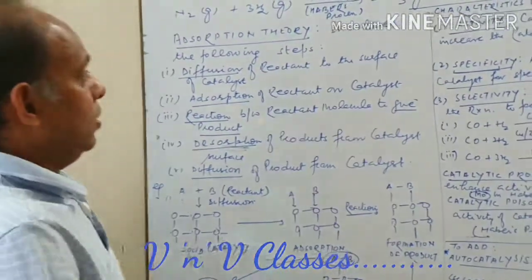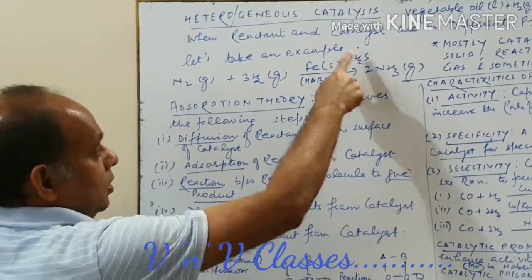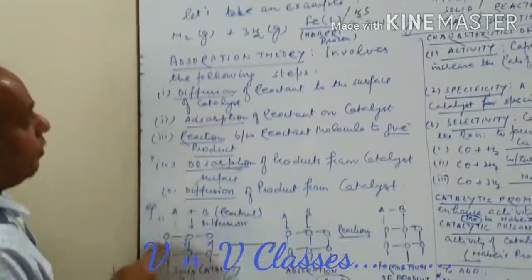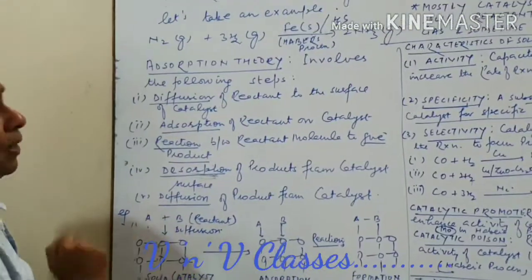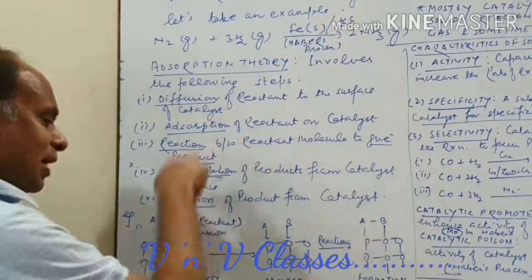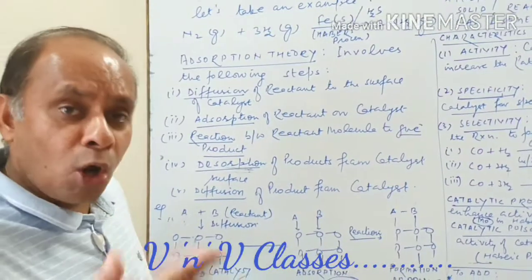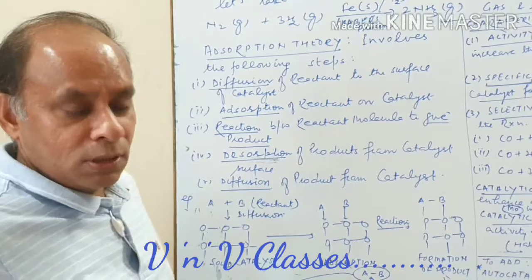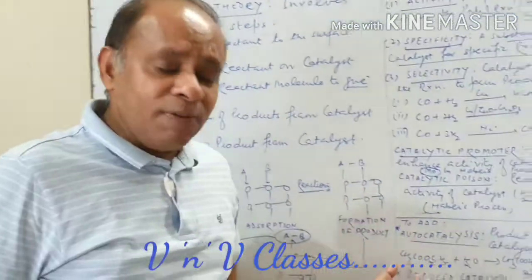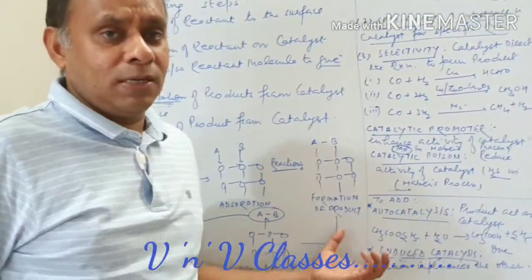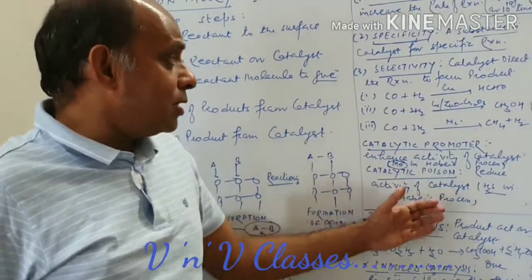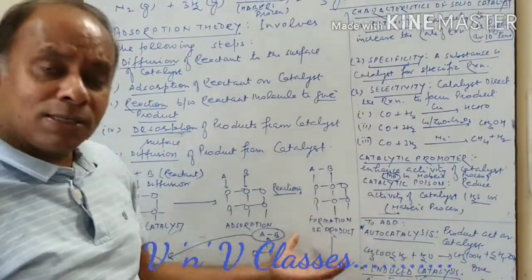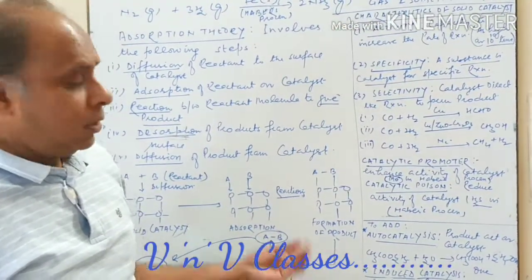My dear, on the iron surface, the reactants are to be adsorbed, but this H2S adsorbs itself, blocking the sites where the reactants are to be adsorbed. So automatically the activity of catalyst is decreased. So these are catalytic poisons. These are some important characteristics which I had to discuss.